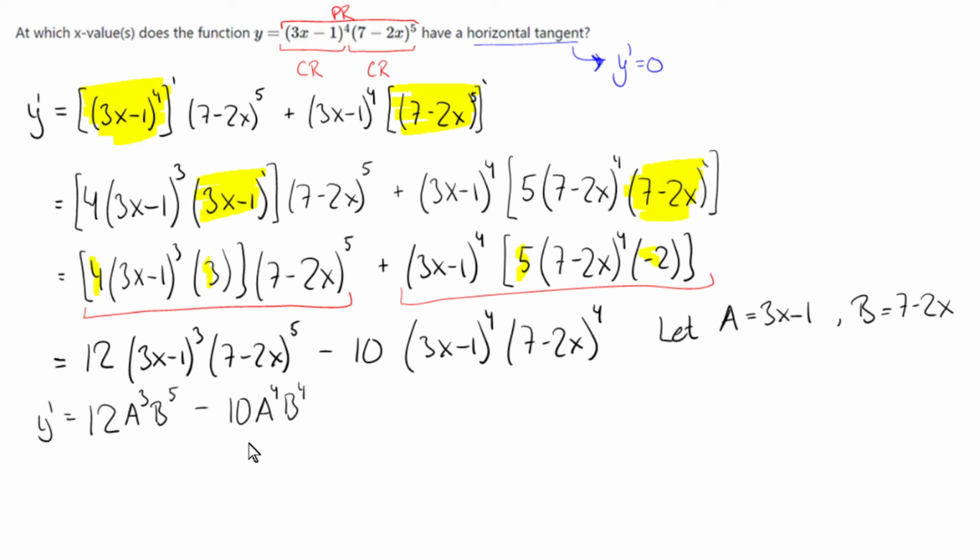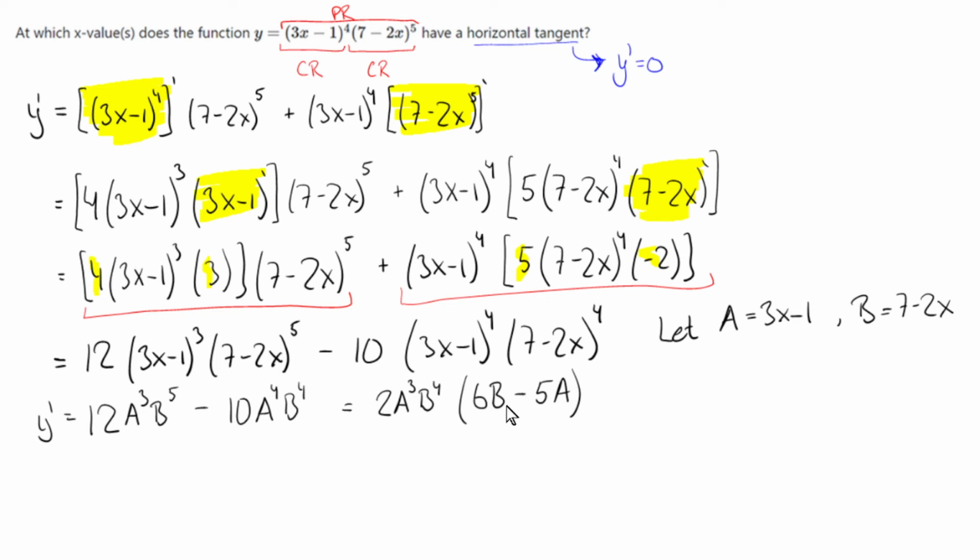And now we can see that there is a greatest common factor. We can factor out 2 a cubed b to the power of 4. That's our greatest common factor, which means that I'm left with 6b minus 5a.